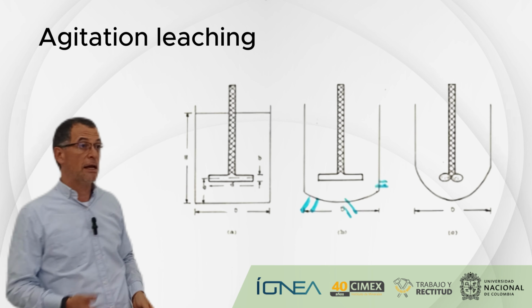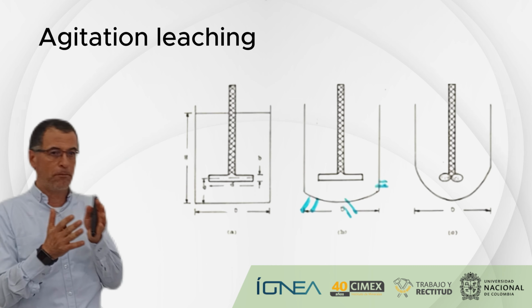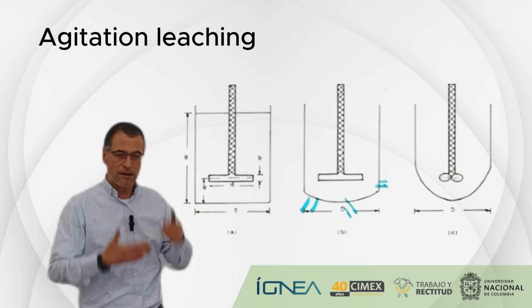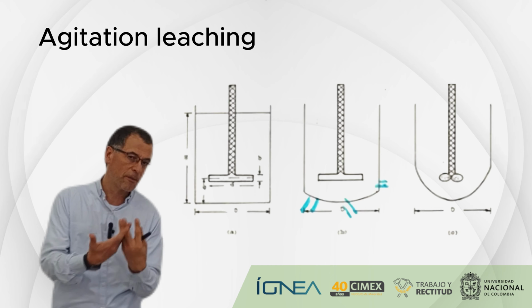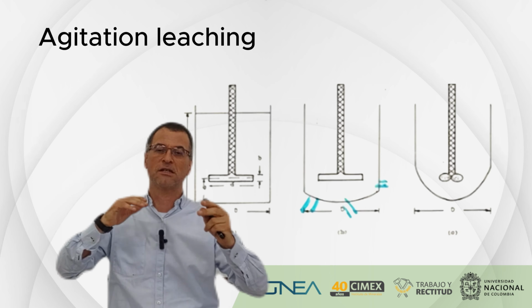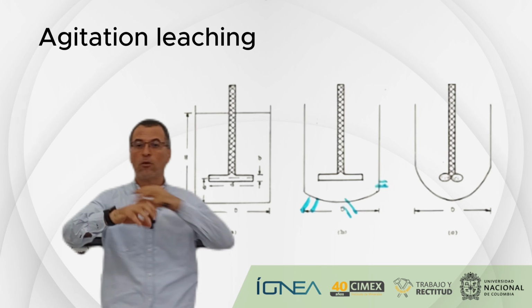The idea is to avoid places or points where the materials don't move. It is to move the material, to move the solution, and to have the material be more efficient in the extraction of the mineral with the liquid.